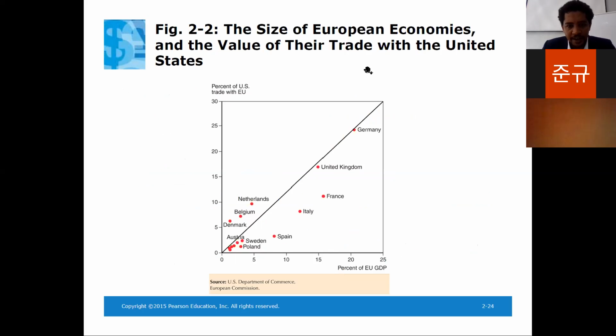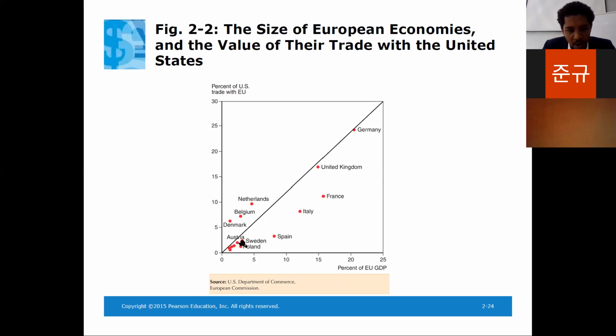If you can see here, these are countries in Europe, and this graph shows the size of European economies and the value of their trade with the United States. As I've said, Germany, United Kingdom, and France are the biggest economies in Europe, and they are the ones which have the highest trade with the United States.